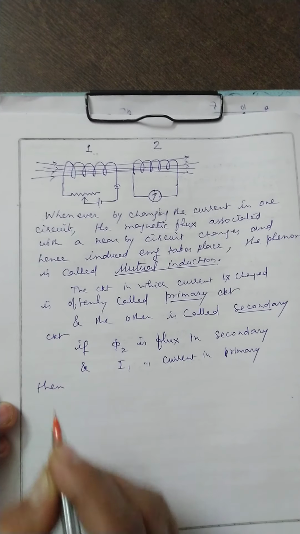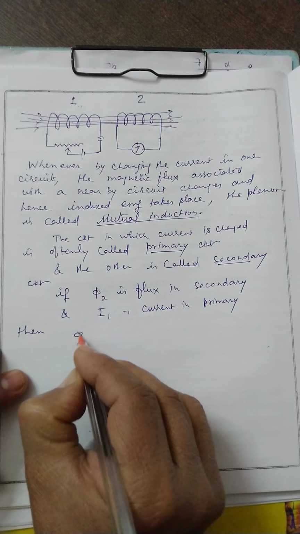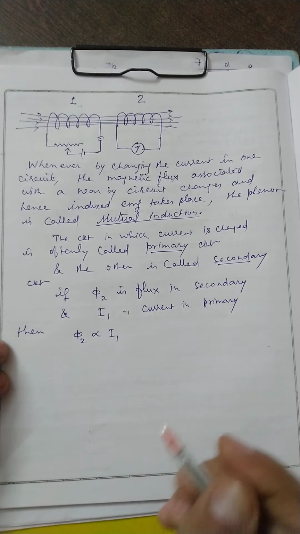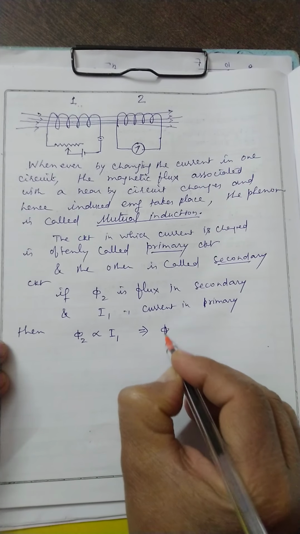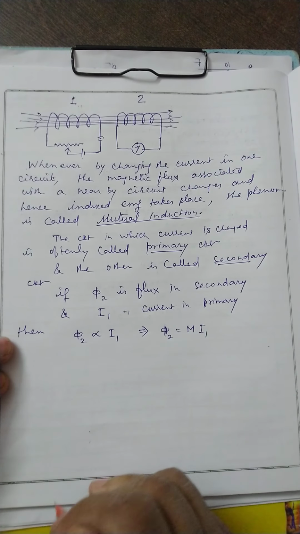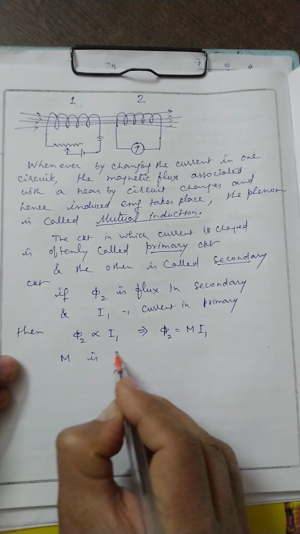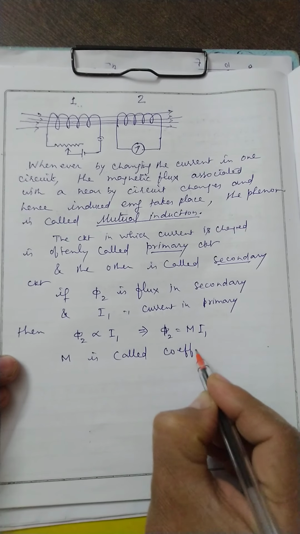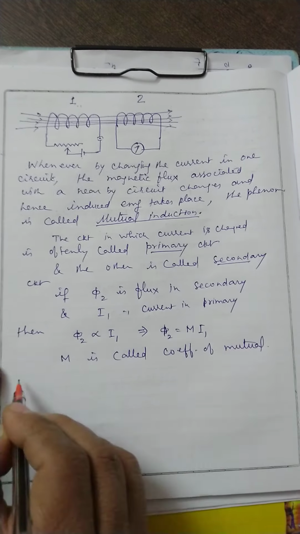then, dear students, phi 2 is directly proportional to I1, and I get a constant: phi 2 equals M I1. M is called the coefficient of mutual induction.